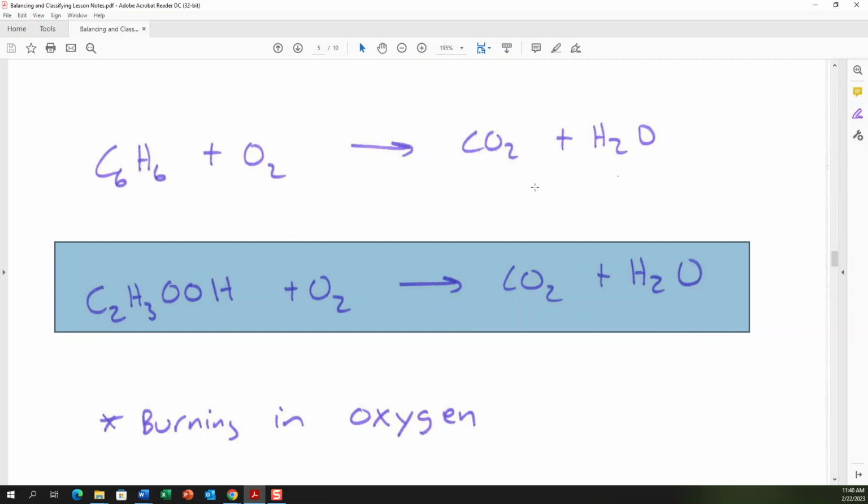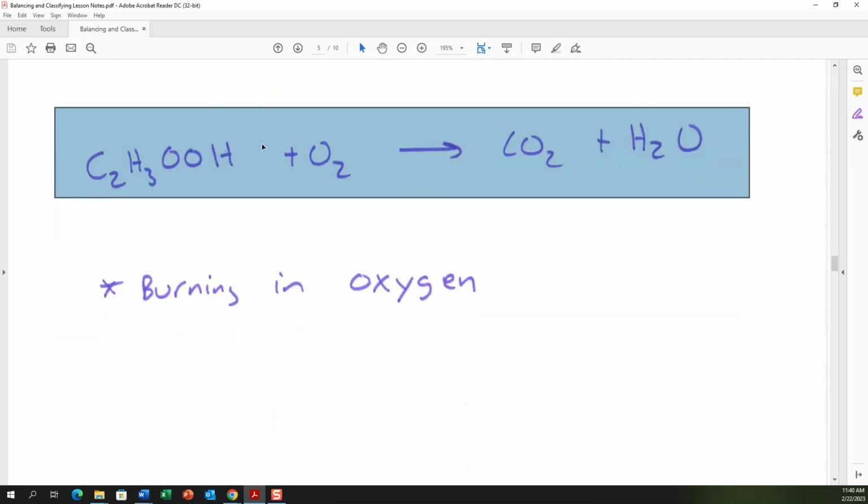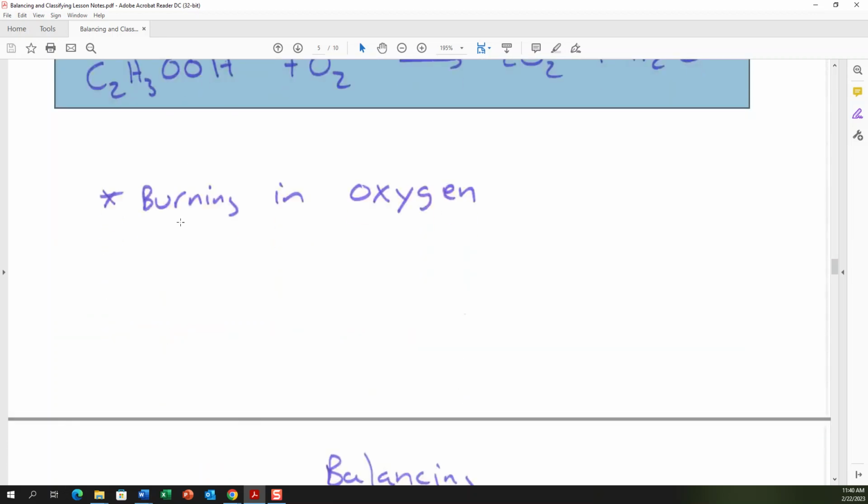So again, combustion reactions are going to be the easiest ones to spot. They're also the easiest ones to predict the products for, because the products are always going to be CO2 and H2O. But they're kind of difficult to balance. Like if we were looking at this reaction, how are we going to balance this? They're a little bit more difficult to balance, but there's a systematic way to do it. All right, so we'll get to that. And again, combustion just means burning in oxygen.